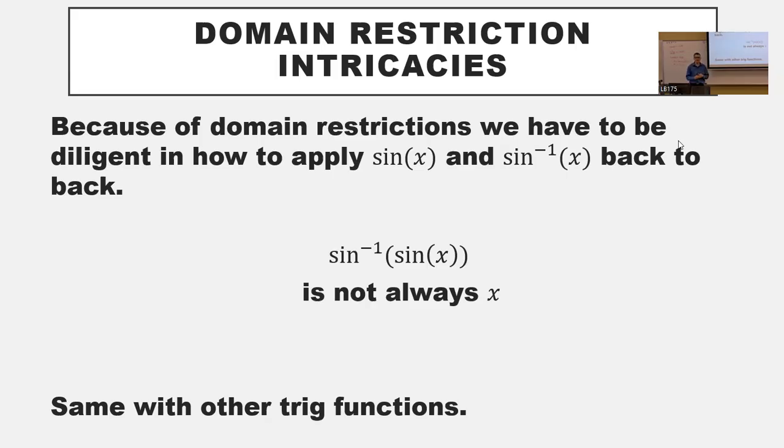If we're talking about cosine, then that angle should always fall between 0 and pi. With tangent, it's always going to fall between negative pi over 2 and pi over 2, same with sine. So if our original input doesn't fall within that range, then doing a sine inverse of sine of x is going to come out not equal to x.